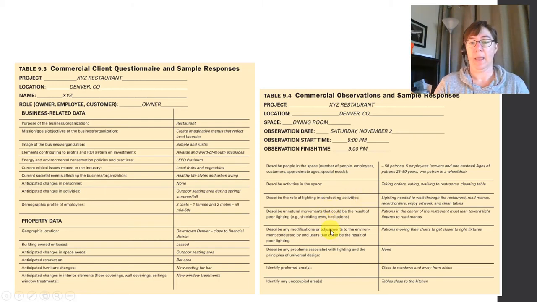And if you think that this looks like kind of the analysis of the Blue Bottle Cafe that we performed, I think you'd be right. Maybe a slightly different focus to it, but this is the same kind of lighting analysis that we've been talking about since the beginning of the semester.